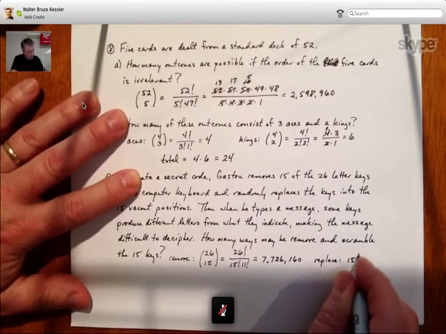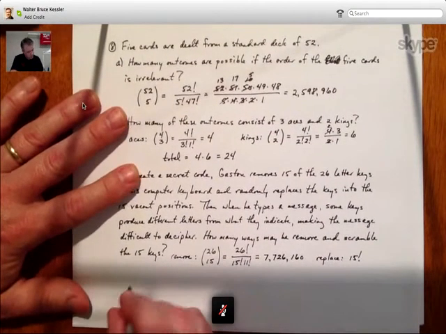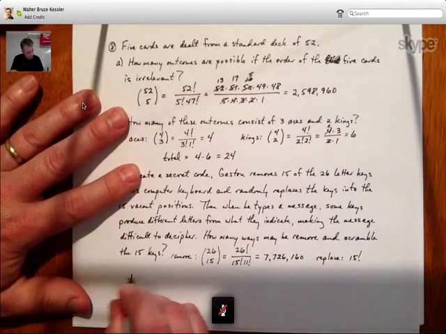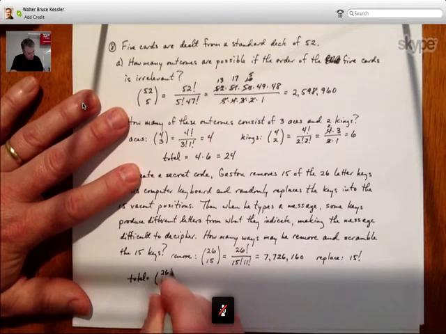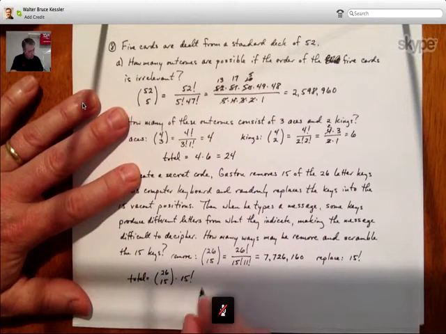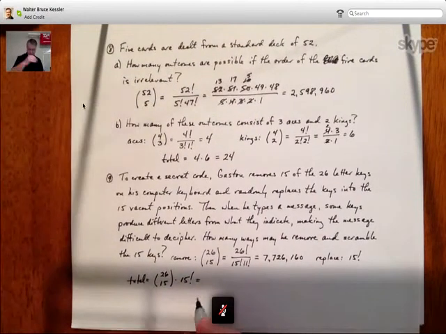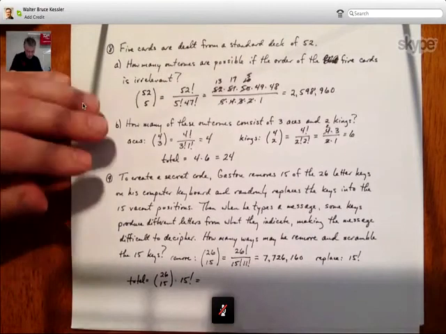So this is 15 factorial. So the total here then is the 26 choose 15 number we just calculated times 15 factorial, which is a relatively small number.